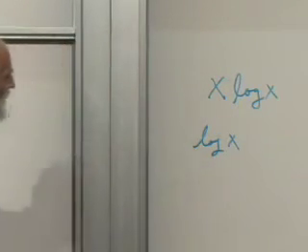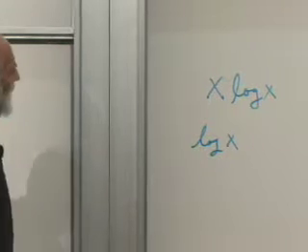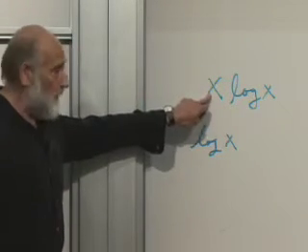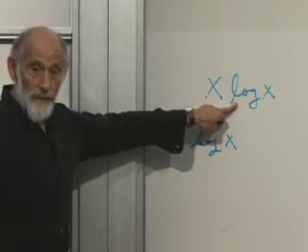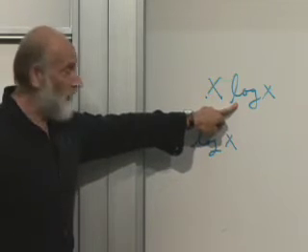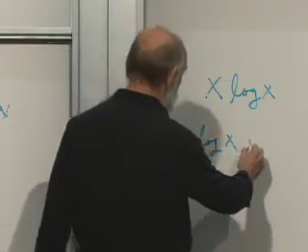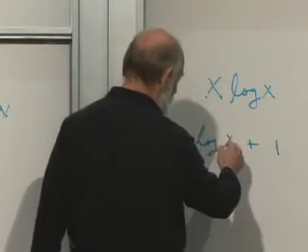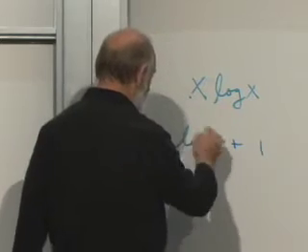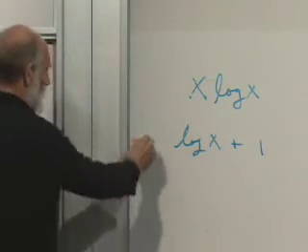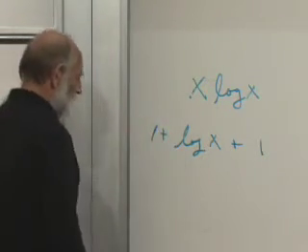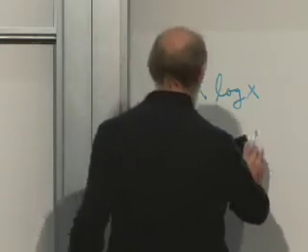But there's another term. What's the other term? It's x times the derivative of logarithm of x. But the derivative of logarithm of x is 1 over x. OK, so what do we get? Plus 1. Not log x, but 1 plus log x. So that's not so good.